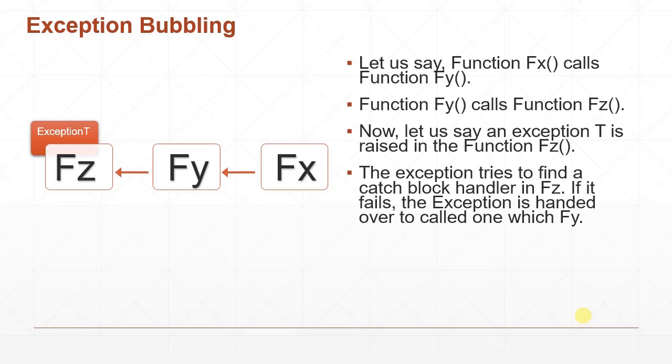The second case is, even if we find a try catch block in fz and exception T does not match any of the catch blocks, then also we travel down the call stack. That means exception T is handed over to fy, because fy is calling fz and fz is not handling exception T, or exception T doesn't find any matching handler in the catch blocks. So in that case, the exception travels back in the call stack and is handed over to fy.